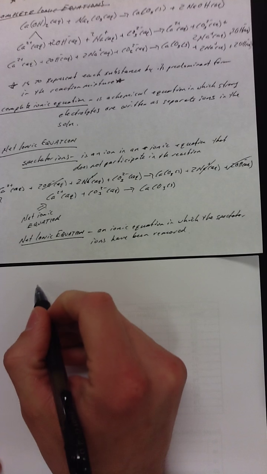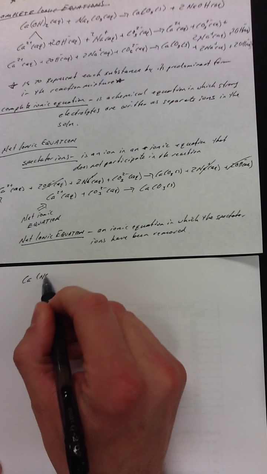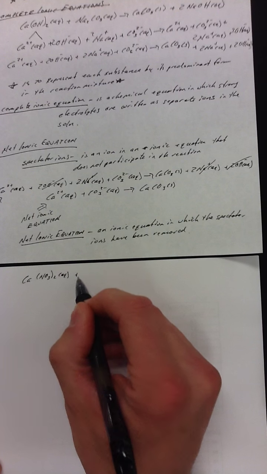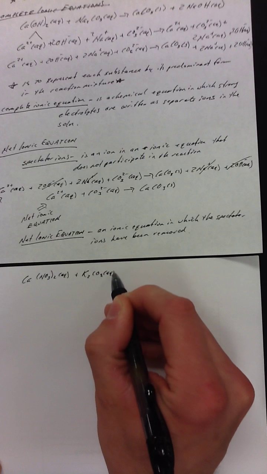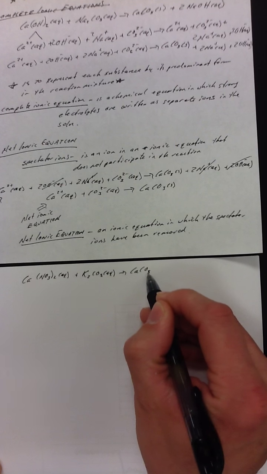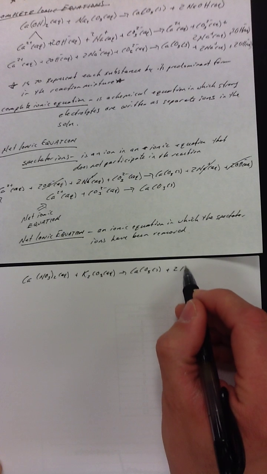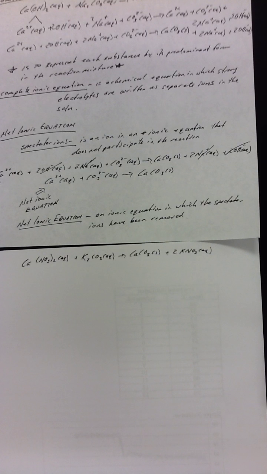In our example, we had calcium nitrate, Ca(NO3)2, which is aqueous, and potassium carbonate, which is also aqueous, again yields that solid calcium carbonate and 2 potassium nitrates, KNO3, aqueous. Okay? So here's just another example of how to write a complete ionic equation.